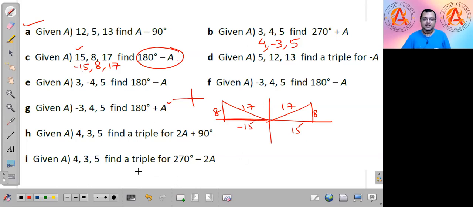Understood what is the 180 degree minus A concept? Just assume this is X, correct? Then this is X. So what is this angle? This is 180 minus X. That's what we are calculating here. So 180 minus X will be minus 15, 8, 17.